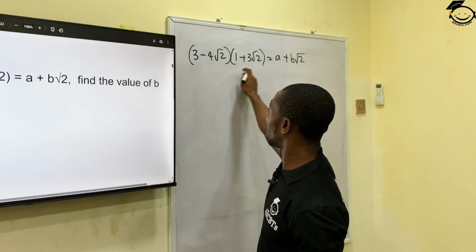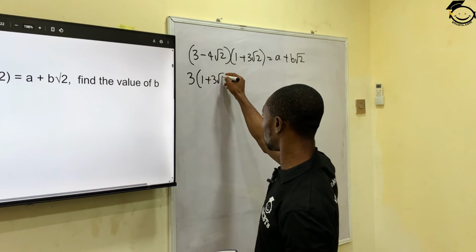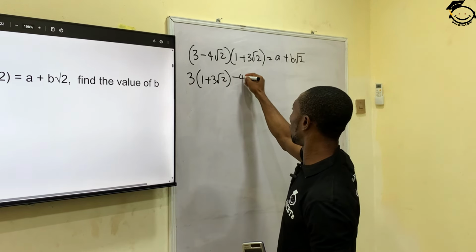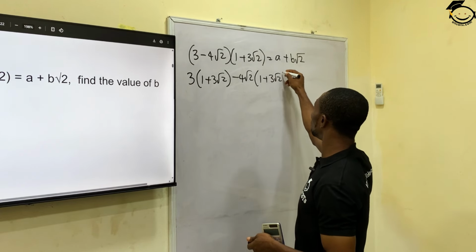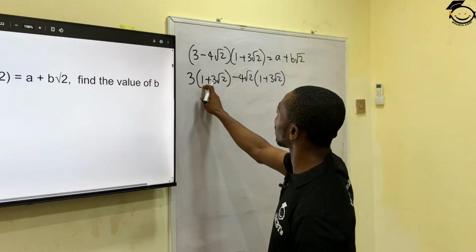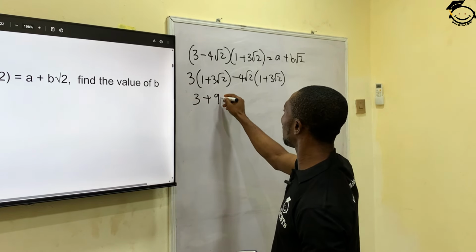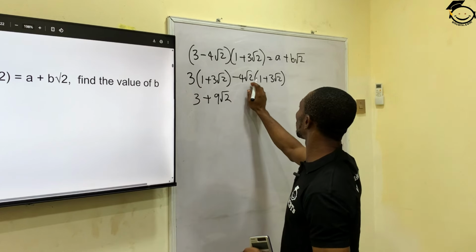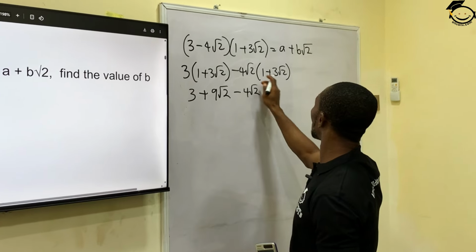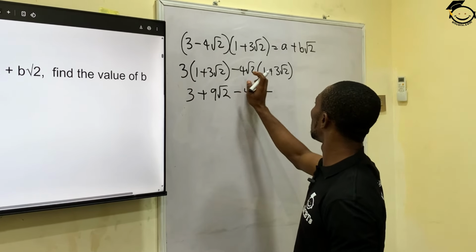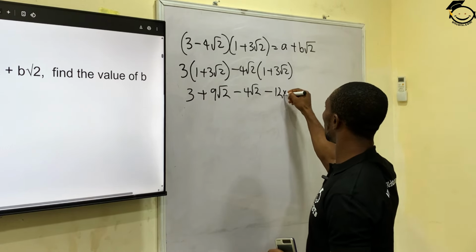Now let's simplify this as 3 bracket 1 plus 3 root 2 minus 4 root 2 bracket 1 plus 3 root 2. Now let's expand this. 3 times 1, 3, plus 3 times 3, 9 root 2, 4 root 2 times 1, minus 4 root 2, minus times plus, minus 4 times 3, 12, root 2 times root 2 will give us 2.